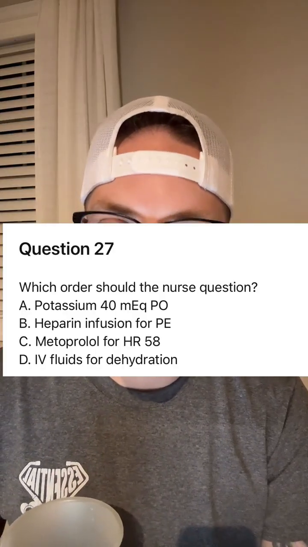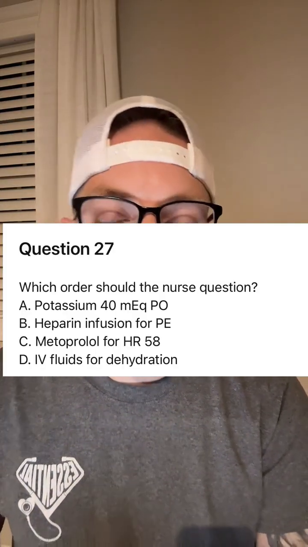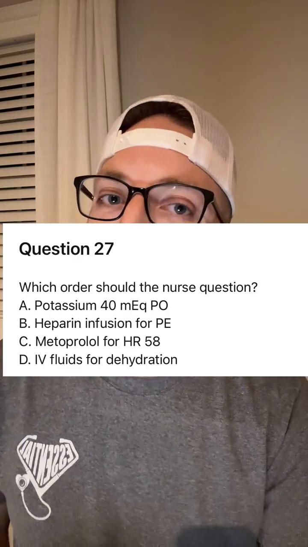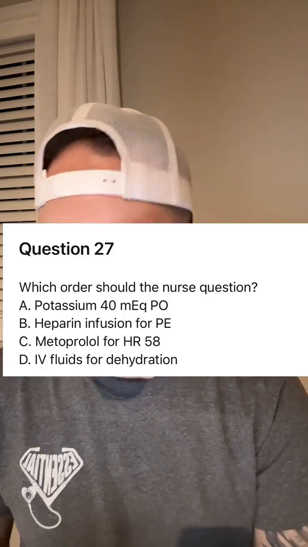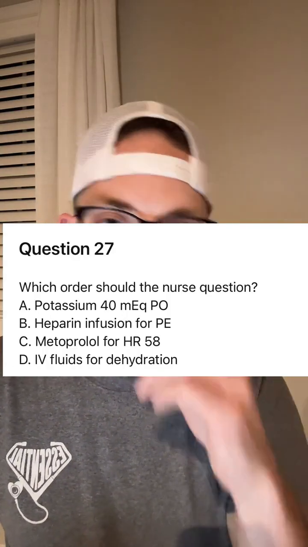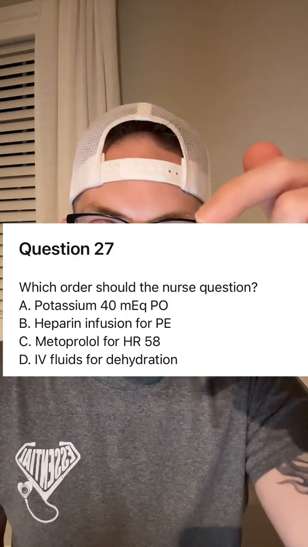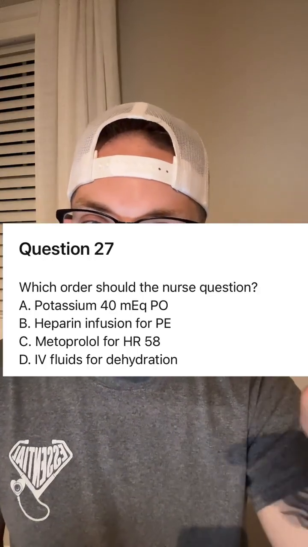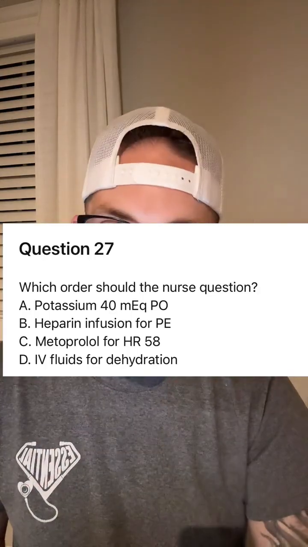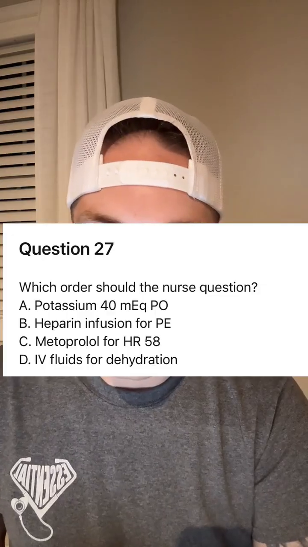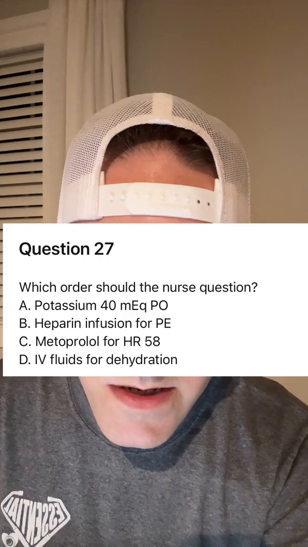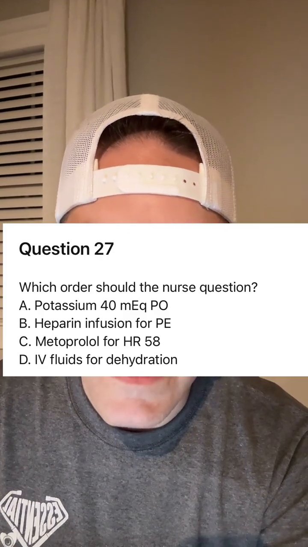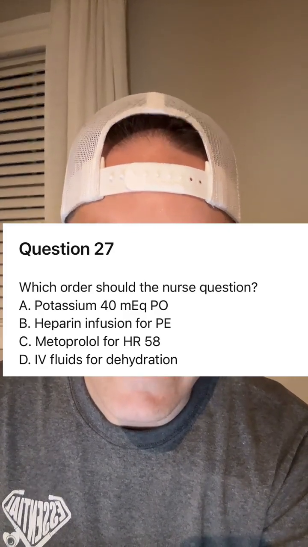It's going to be C, metoprolol for a heart rate of 58. Why? Metoprolol is a beta blocker, and you give it to bring down heart rate and blood pressure. So if that heart rate is less than 60, we're holding it. So don't be afraid to go to your provider, send them a message, or if you're in the ED, you can talk to them face to face. Hey, buddy, you sure you want to do this?